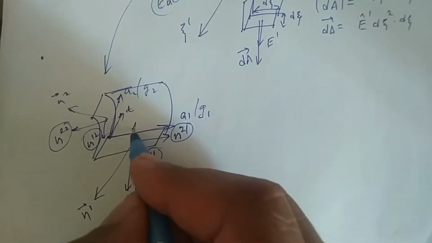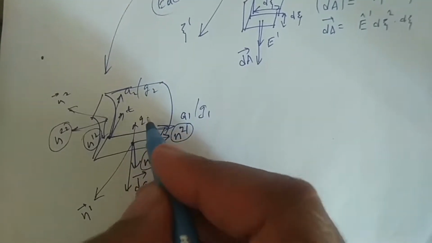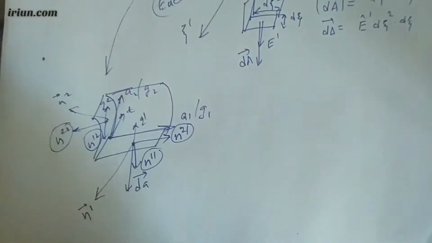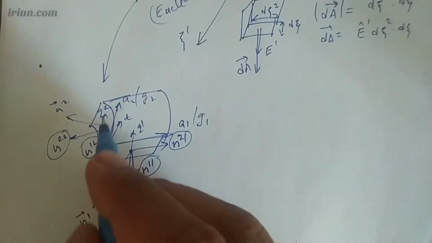So this will be Q1, and from here we'll get Q2. So these are a total of 6 components.